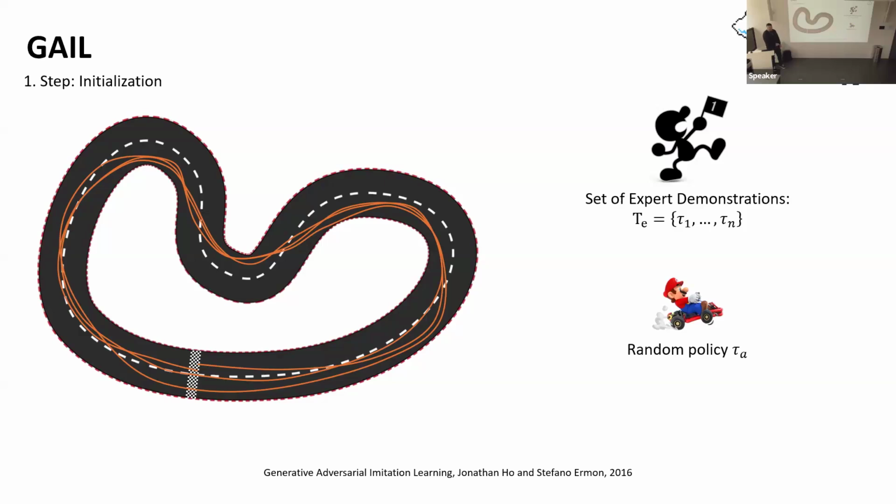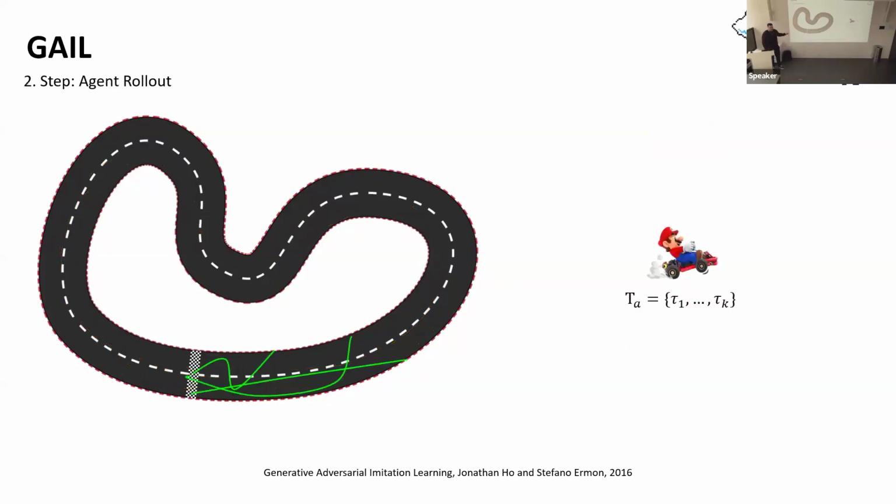We initialize a random policy for our agent with just random values, so we can start with at least something. The next step is to just let our agent drive and sample some trajectories. Since it's a random policy, we might crash very often and we don't get very far in the track.